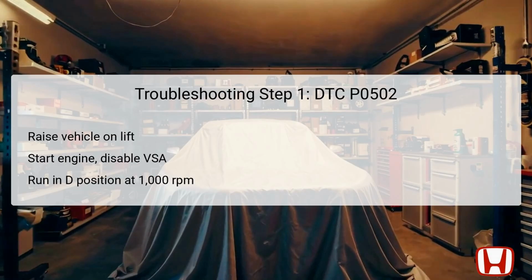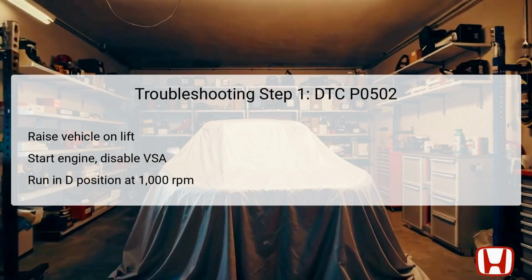The first step in troubleshooting DTC P0502 involves safely raising the vehicle on a lift to allow unrestricted wheel movement. Ensuring that it is securely supported is crucial for safety during inspection. Once secure, the engine must be started and the Vehicle Stability Assist (VSA) feature disabled.